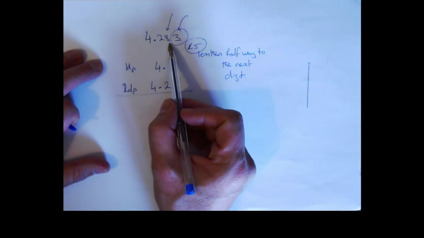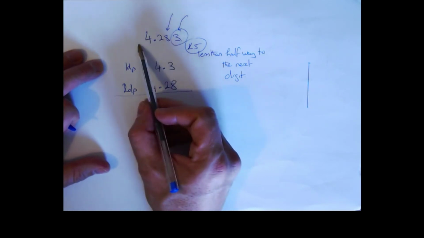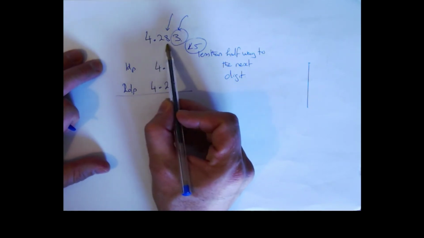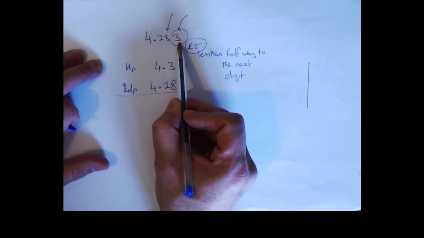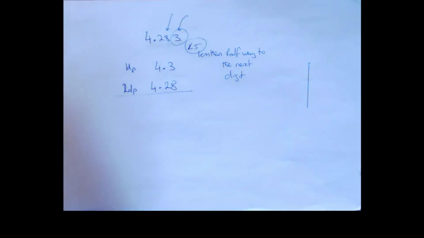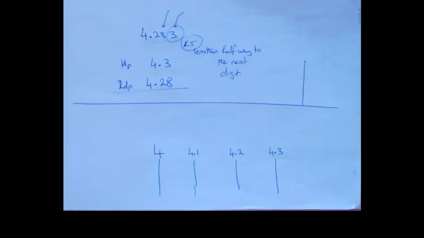So for 2 decimal places, we're counting 4.26, 4.27, 4.28. The question is, is it 4.28 or 4.29? This tells me that it's less than halfway to 4.29, so I stay at 4.28. Okay, so do the questions and the best of luck.